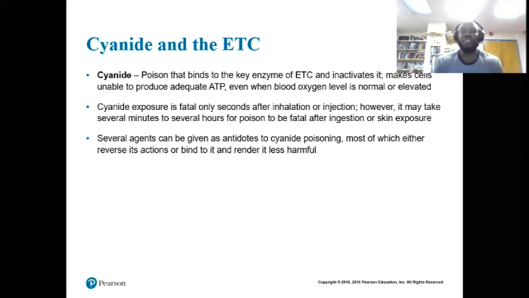It's basically like if you stopped breathing. It's the same idea. If you stop breathing, you can't produce ATP. Your body will basically shut down and you'll die very quickly. Or if you take cyanide, which blocks the enzyme which produces ATP, your body will shut down and die pretty quickly as well.